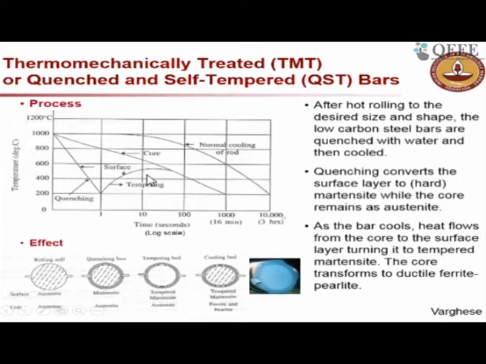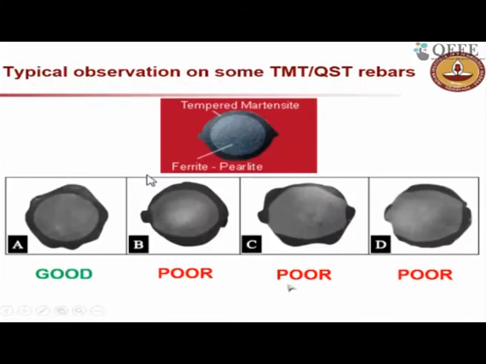And so at the end, you have a steel rebar something like this, and I'll show more clearly. Here you can see this outer region is tempered martensite, and the inner core is the ferrite pearlite microstructure, because the rate of cooling of these two locations is different.